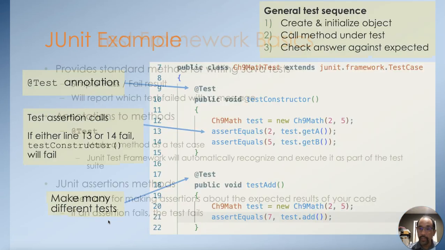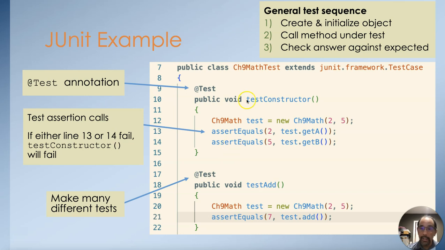So here's an example. Taking the same math class that I want to test, this is what I do. I create a new class. This is my test class. It extends this framework. Below here, you see that I create my object. I initialize it with something interesting.